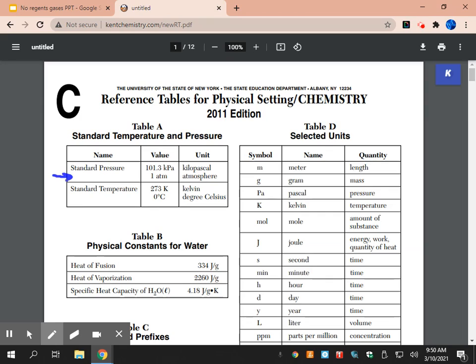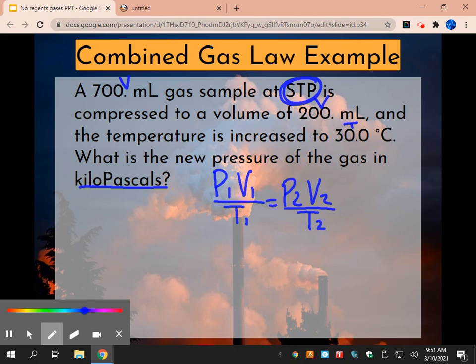So we're going to use this value right here as our pressure because we're at standard temperature and pressure, and I'm going to use the kPa one because our question wants our answer in kPa. And then I'm going to use this value for standard temperature because we always have to use Kelvin when solving these problems. So I'm going to say that our P is 101.3 kPa, and our T is 273 Kelvin.